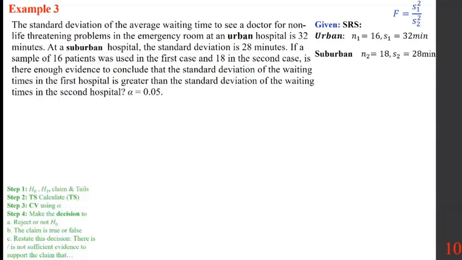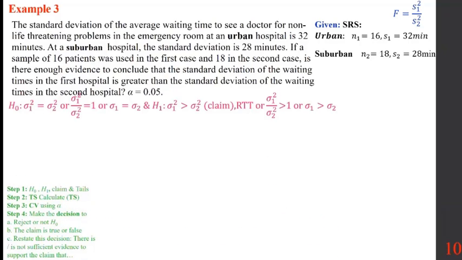Alpha is 0.05. That means when we want to look up that table, use the table with alpha 0.05. That's for the F distribution. And so how do we write H0 and H1? You use this one. However, if instead of that you use this one, then you should use this one along with that. It has the same meaning. Whether we say sigma 1 squared equals sigma 2 squared, or sigma 1 squared over sigma 2 squared equals 1, is the same thing.